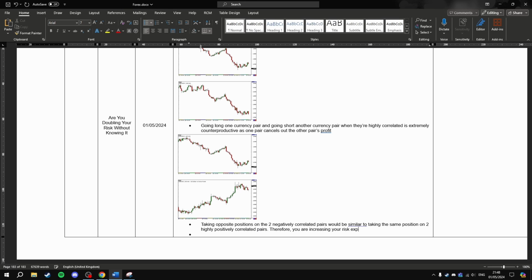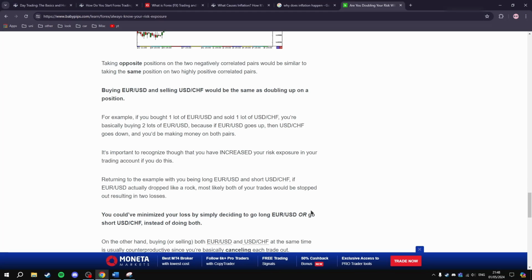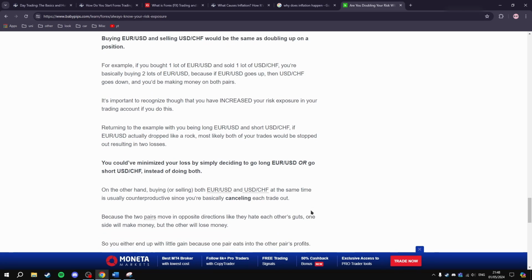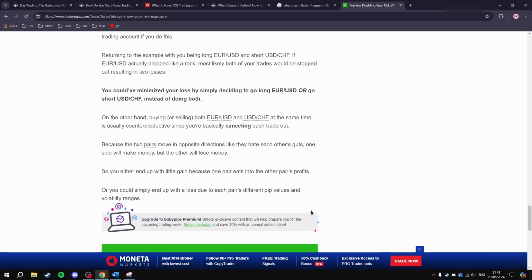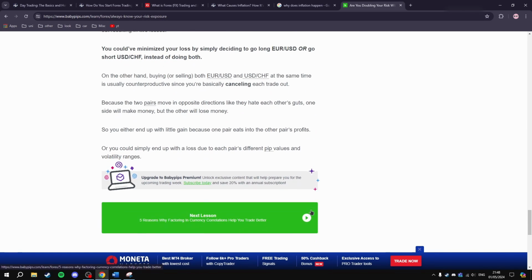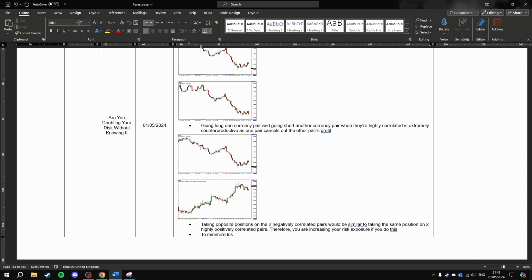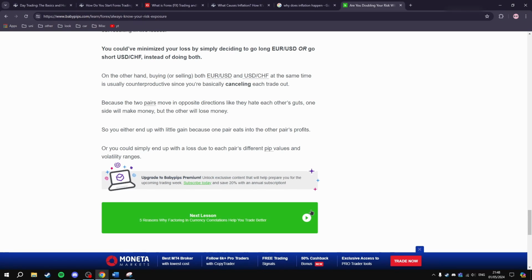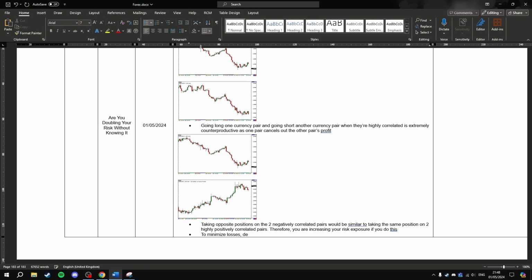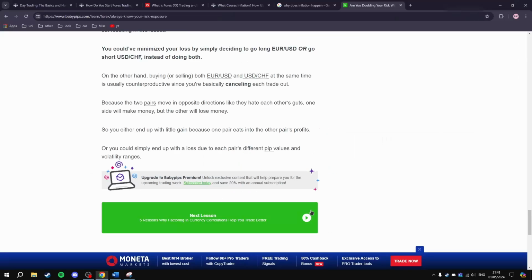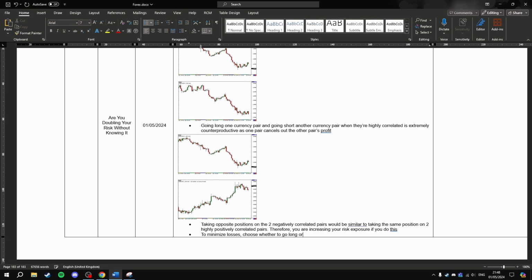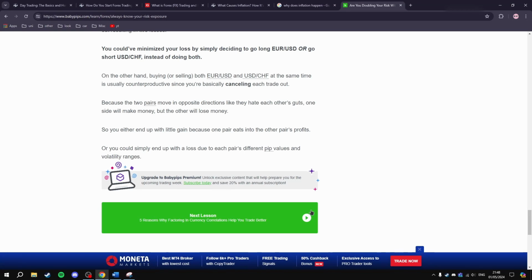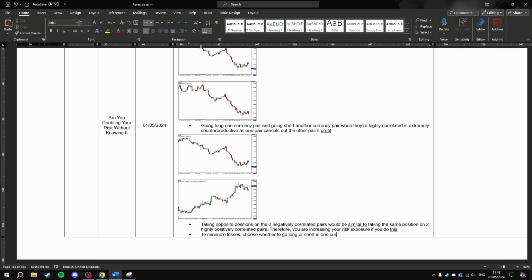Returning to the example, you could have minimized my loss by simply going long. So to minimize losses, choose whether to go long or short in one currency pair instead of both.